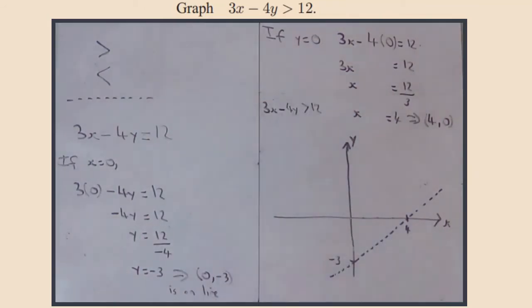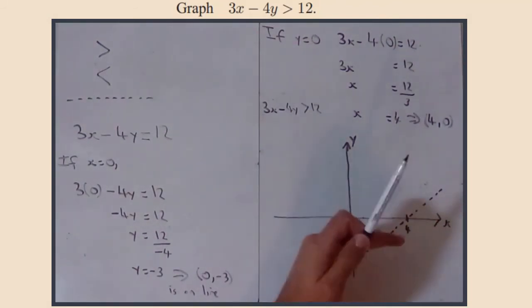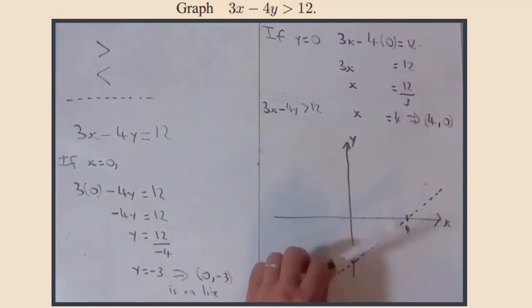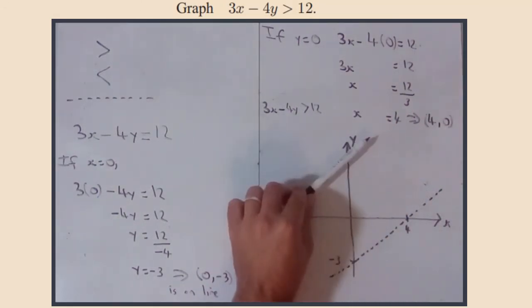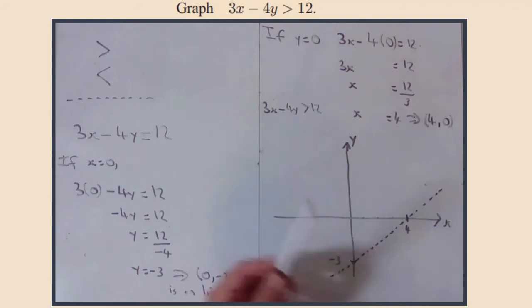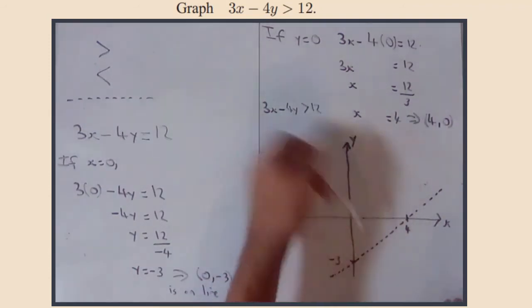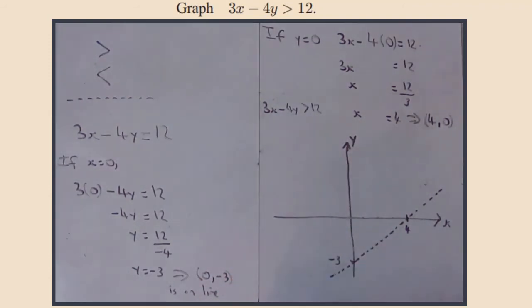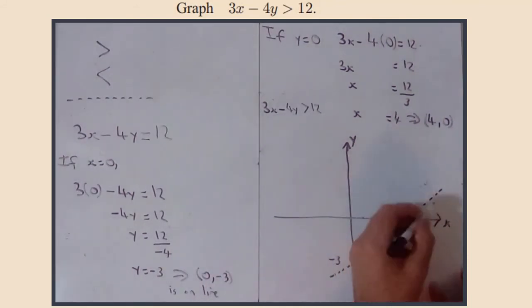When you're talking about greater than, you're speaking about being above the line. So that's the bit we want. So this is the region we're interested in. So I'm going to shade the bit that I don't want. The unwanted region is where 3x minus 4y is less than 12, which is underneath the line. I'm just going to shade it like this.